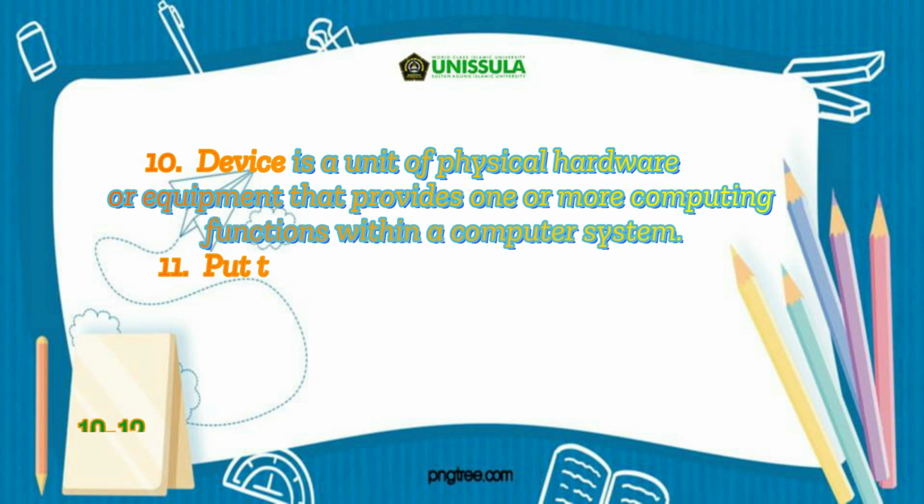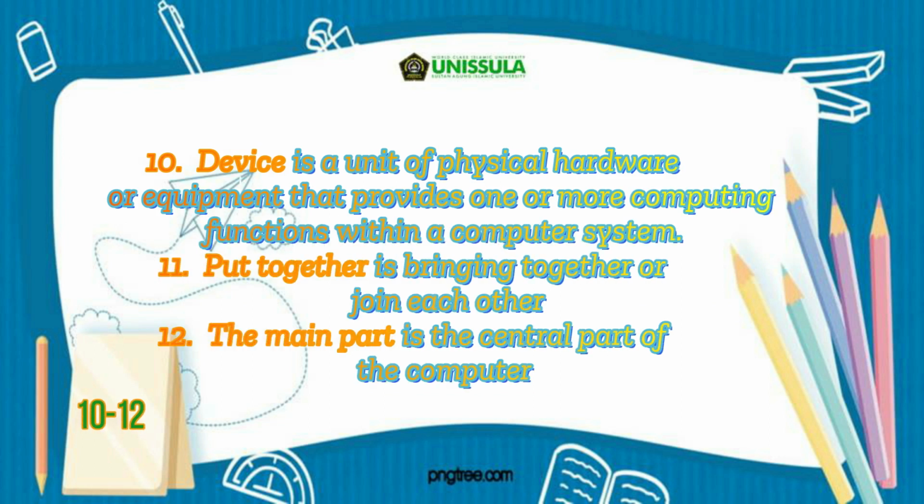Number ten, device is a unit of physical hardware or equipment that provides one or more computing functions within a computer system. Eleven, put together is bringing together or joining each other. Number twelve, the main part is the central part of the computer.